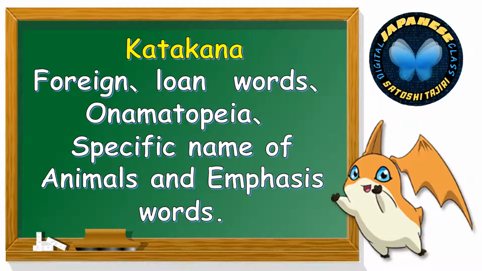And to emphasize a word, for example, you want to say hi, then you can type it in katakana to make it like you're emphasizing or writing the letters big, because Japanese has no small or big letters.